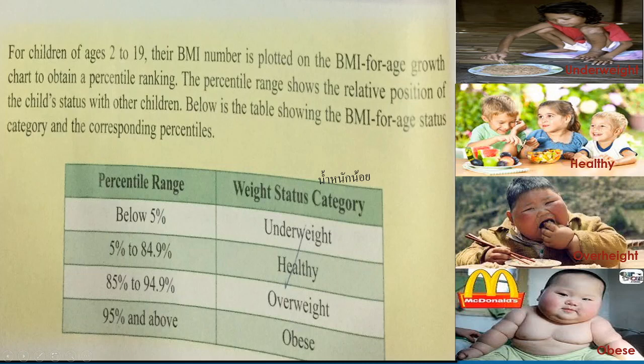And 95% and above, the weight status is obese. Remember, this is for children ages 2 to 19. As you can see, there is an image of an underweight child, a healthy child, an overweight child, and an obese child.